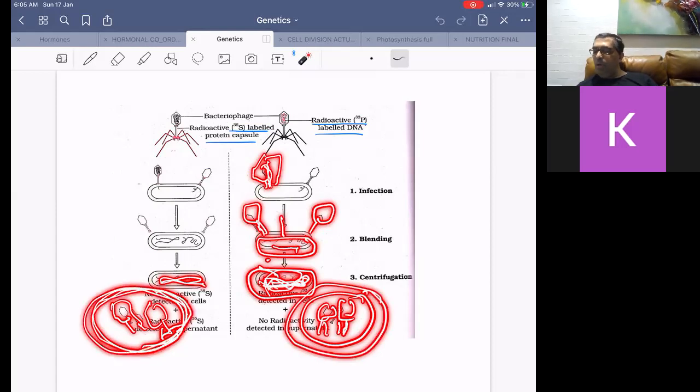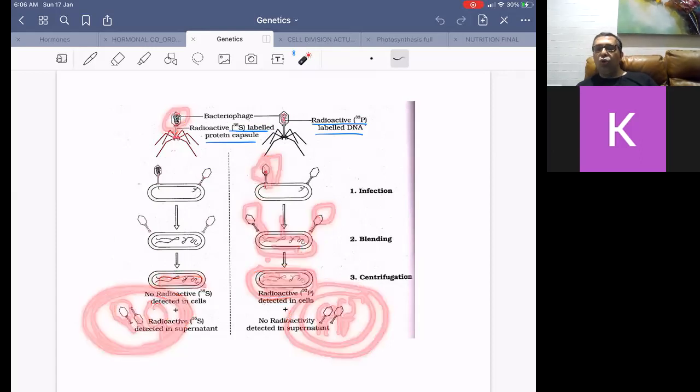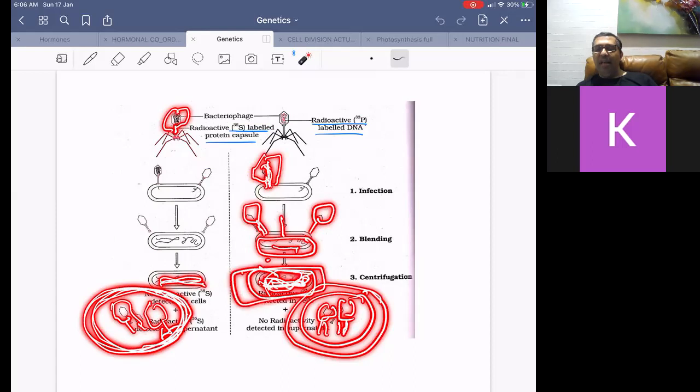When capsids were there with S35, the radioactivity was found in the supernatant, not inside the bacteria. And when P32 was present in the bacteria in the form of DNA, it is the bacteria which showed radioactivity.